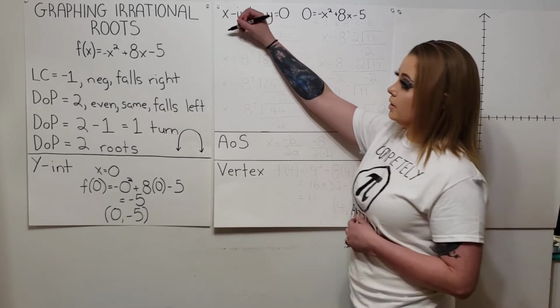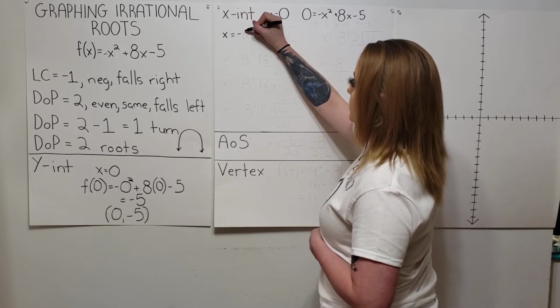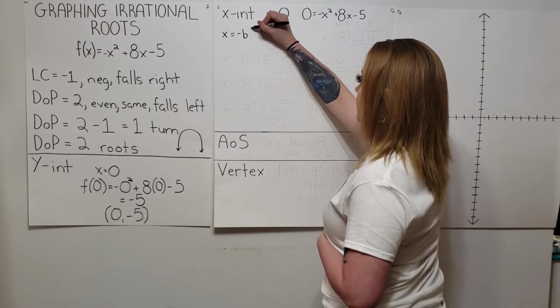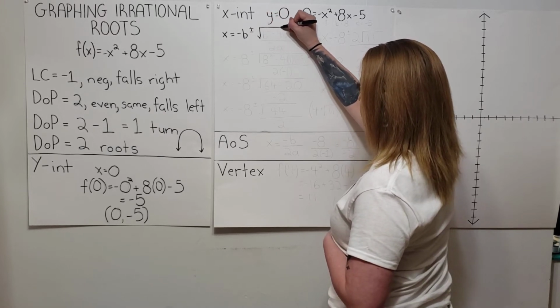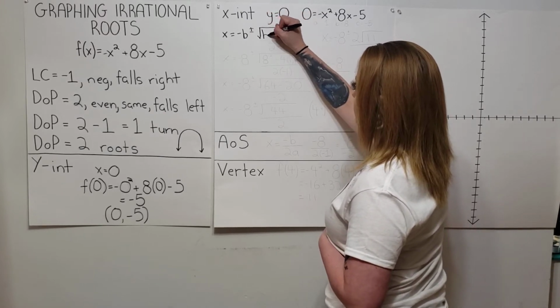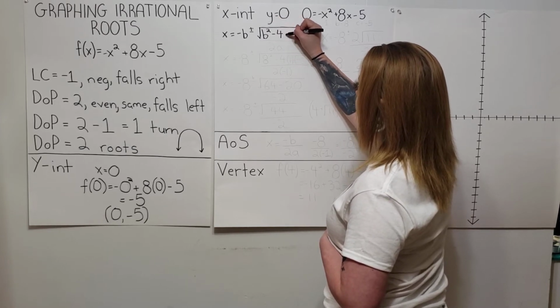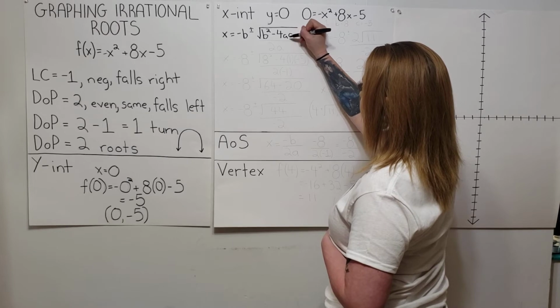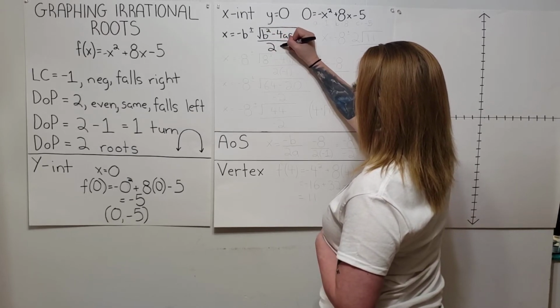The quadratic formula states that x equals -b plus or minus the square root of b squared minus 4ac, all of that over 2a.